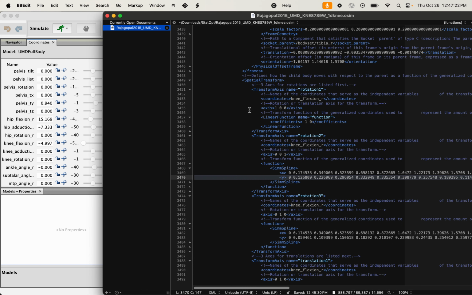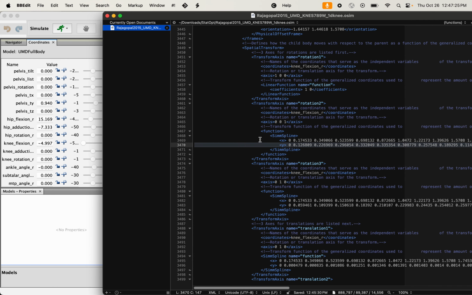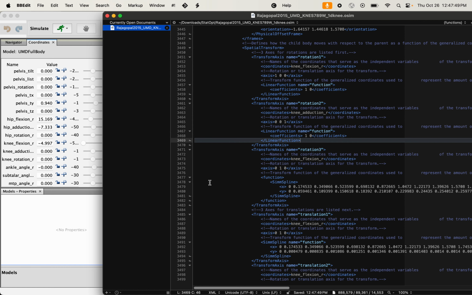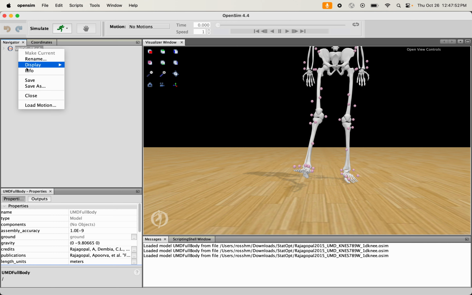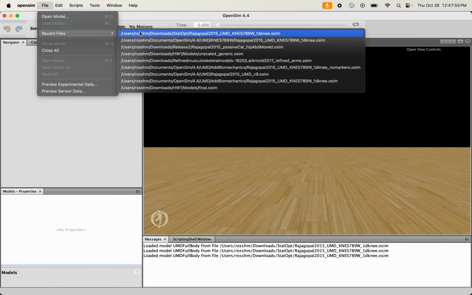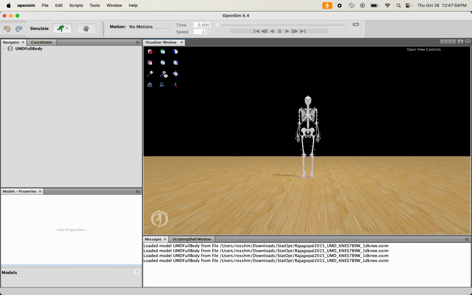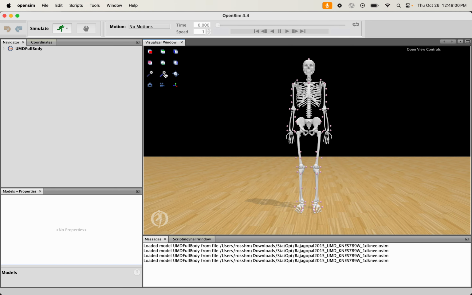So to do that, I go back to my spline here, and rather than making the transformation between this knee flexion coordinate and this adduction axis that prescribed function of knee flexion, I change that rotation to be a function of that knee adduction coordinate, and then I make it a linear function, just like my flexion was. Then let's reload our model, and zoom in there.